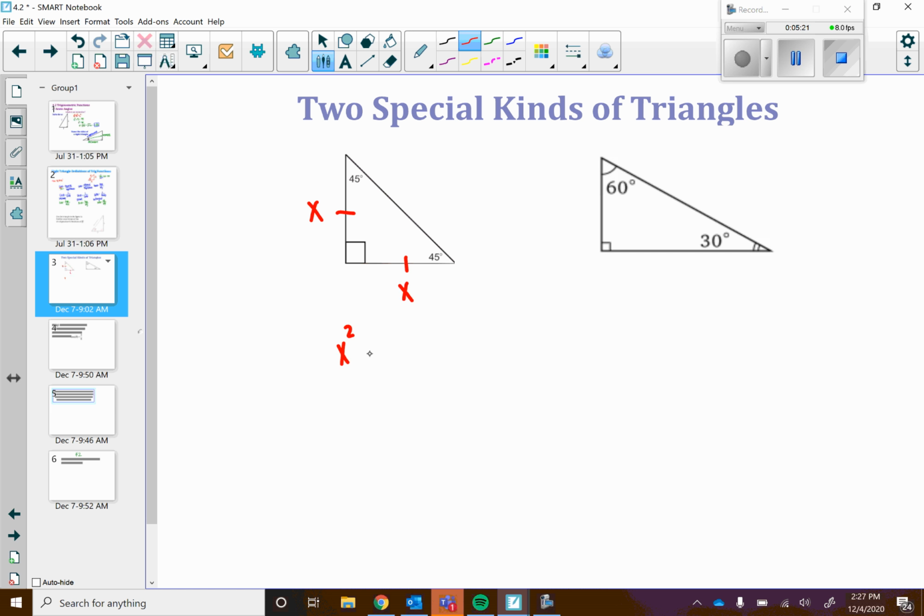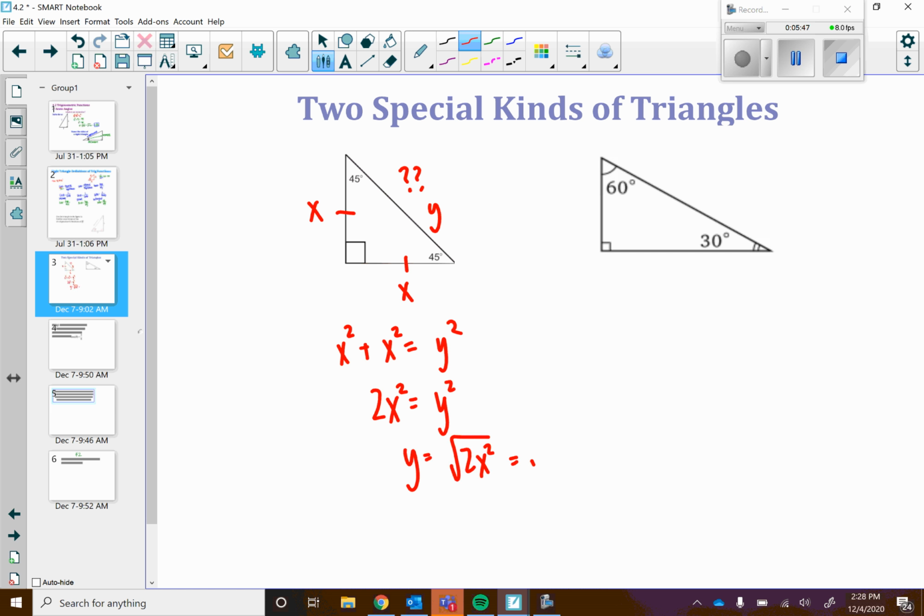If I were to try and find my last side, this would be a squared plus b squared equals c squared. So x squared plus x squared is equal to, let's say this is y squared, or 2x squared is equal to y squared.